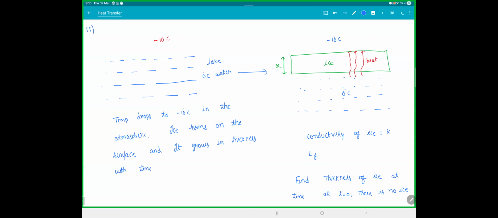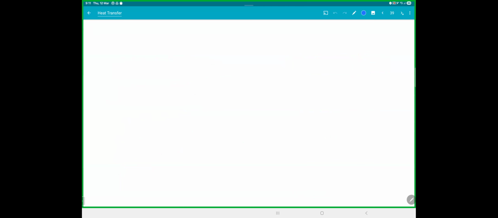Let's see. Again, same story. Let the thickness of ice be x after time t.